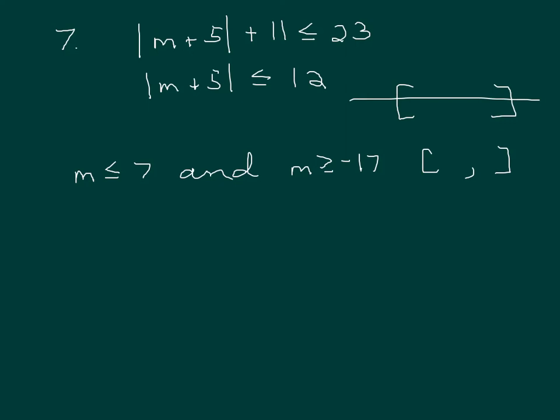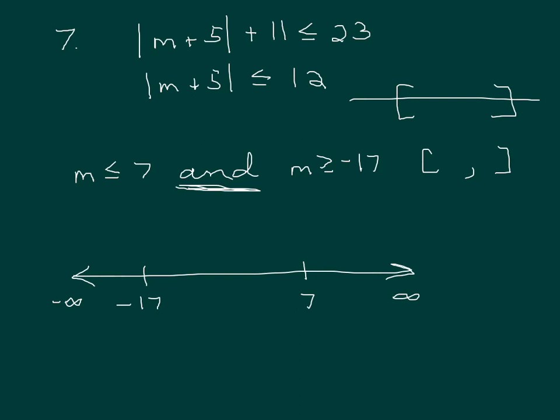In this case, because it's a contained interval, the correlation is going to be an and. And so as you graph this, you will graph m is less than or equal to 7, m is greater than or equal to negative 17, and you are going to include those solutions that overlap.